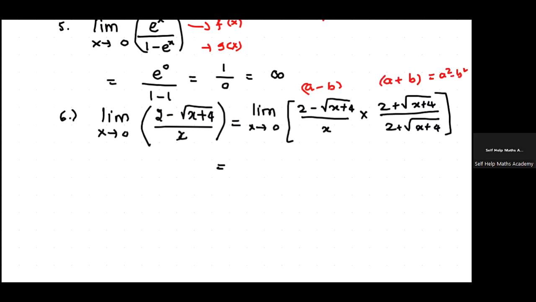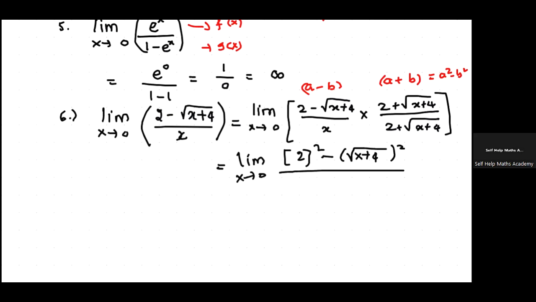So let's see how we do it. Limit as x tends to 0, a square minus b square. I'm sorry, we have to write it as a square minus b square, not a minus b the whole square. So this is a square minus b square, divided by the denominator, which is simply x into (2 plus square root of x plus 4).